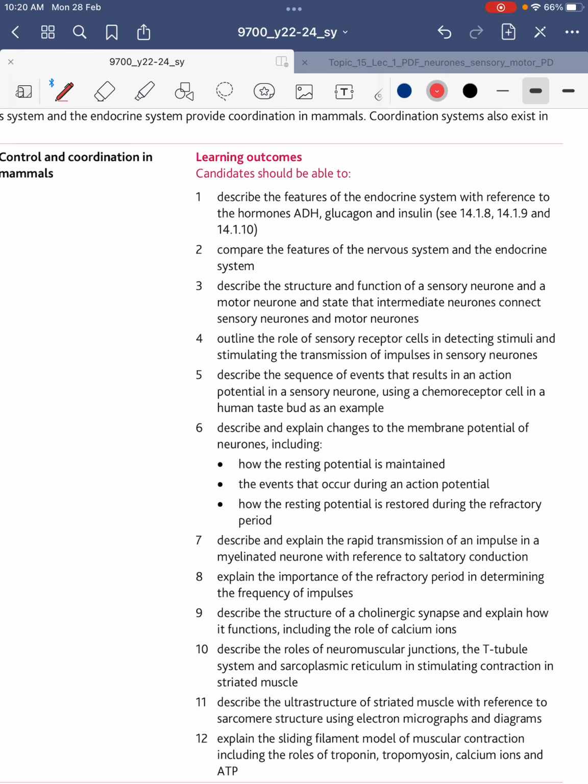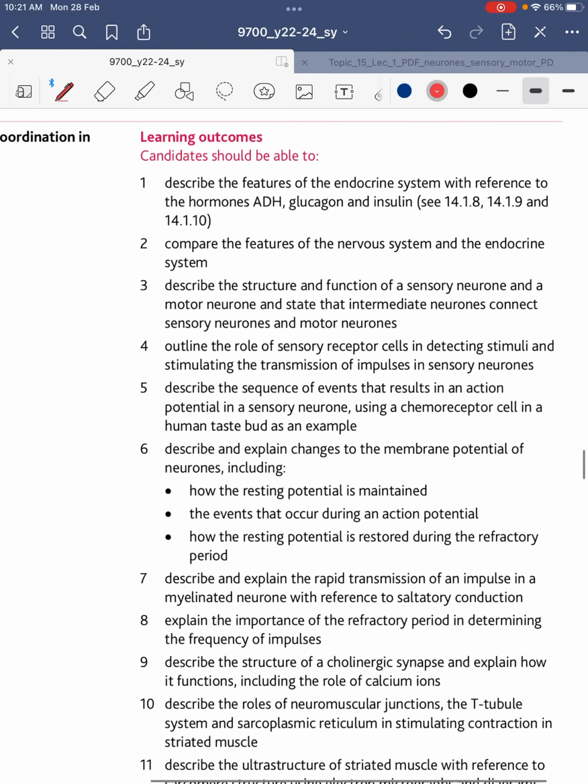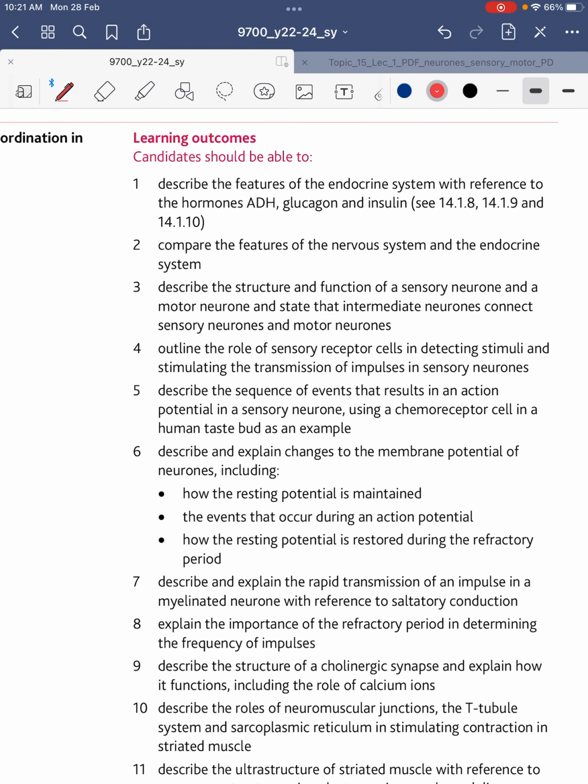Okay, let's go straight to the learning objectives. We are going to cover a few learning objectives here, particularly the first one: describe the features of the endocrine system. Then we compare the nervous system and the endocrine system, and then we look at the neurons.